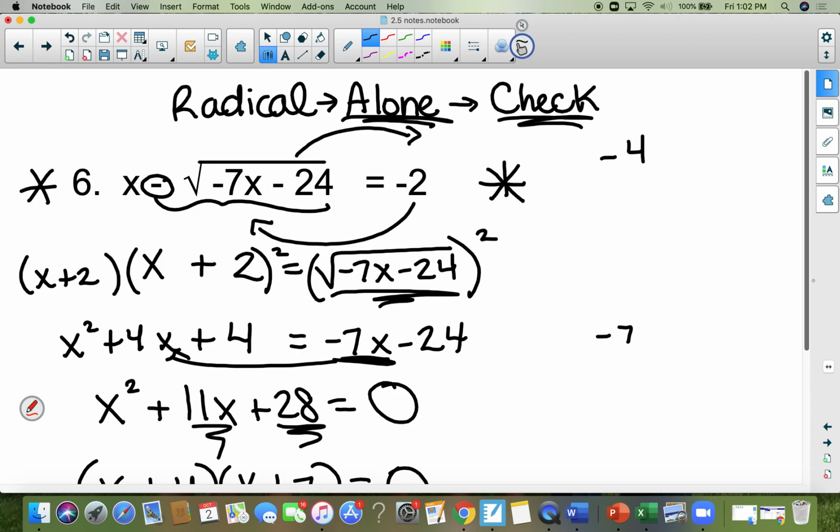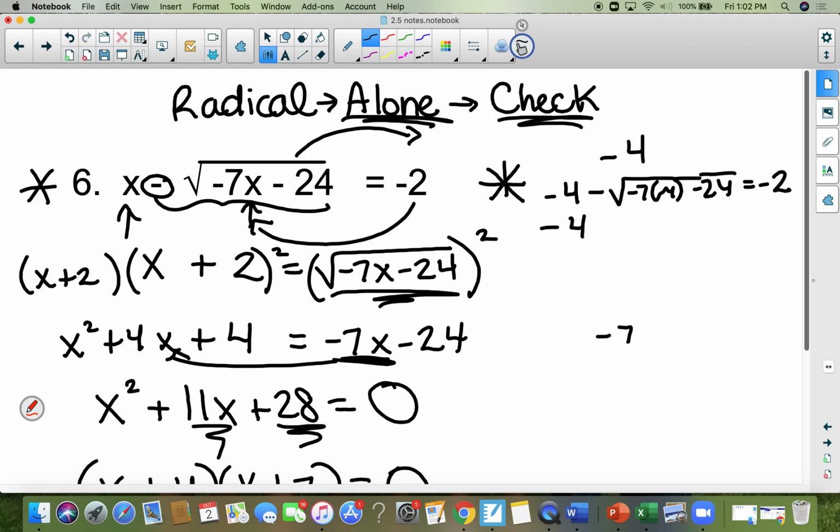So here I go. In place of x, I put a negative 4 minus the square root of a negative 7 times a negative 4 minus 24 needs to equal a negative 2. So in place of all the x's, which there's only 2 of them, I put a negative 4.